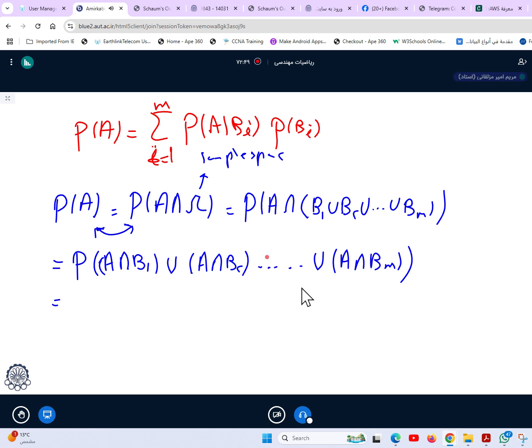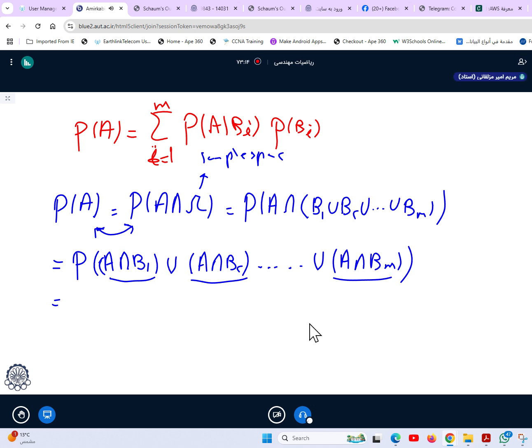Then please consider these sets A intersection with B1, A intersection with B2, A intersection with Bm.